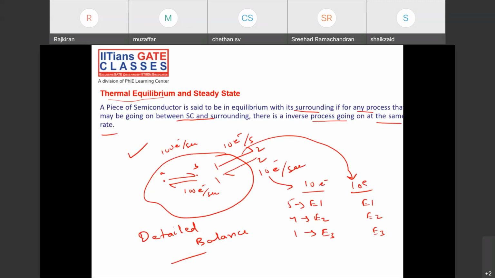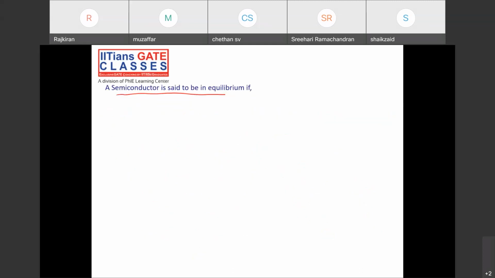You understand the process qualitatively. Suppose I want to list down some conditions for when it will be in equilibrium. The first condition is that there should be no external excitation other than temperature. So a semiconductor is said to be in equilibrium if there is no external excitation other than temperature. Clear, guys?